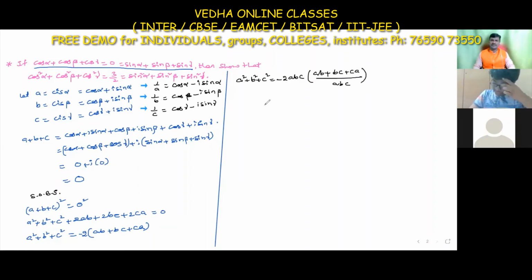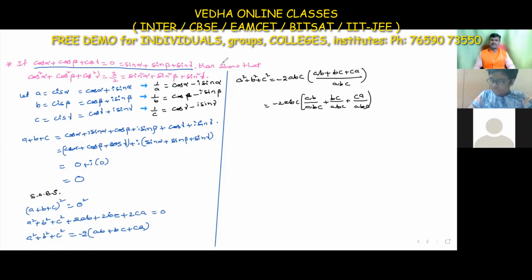So what we get is minus 2ABC as it is, then AB by ABC plus BC divided by ABC plus CA divided by ABC.